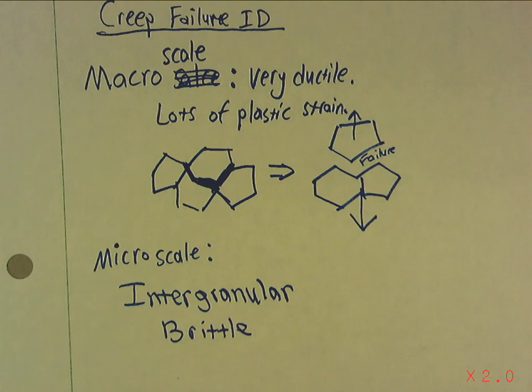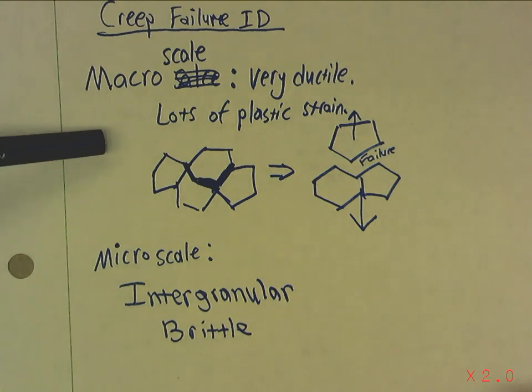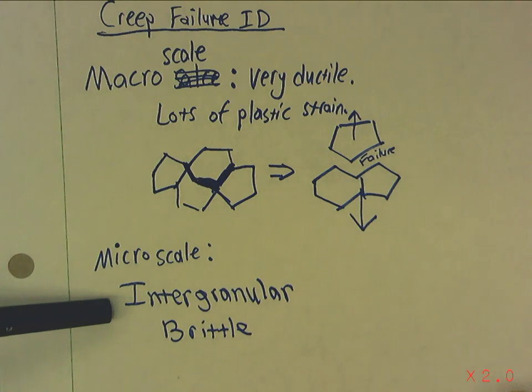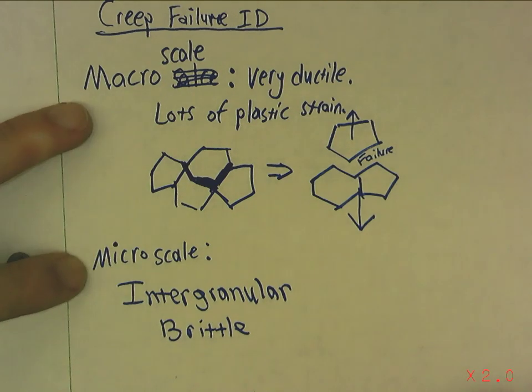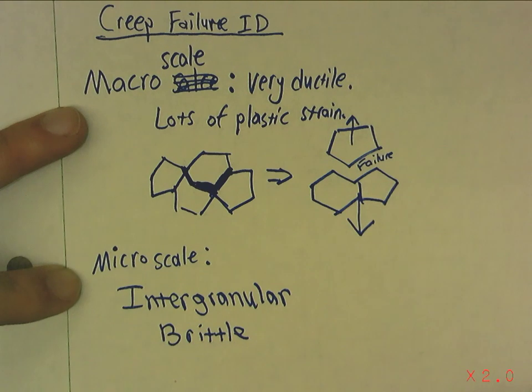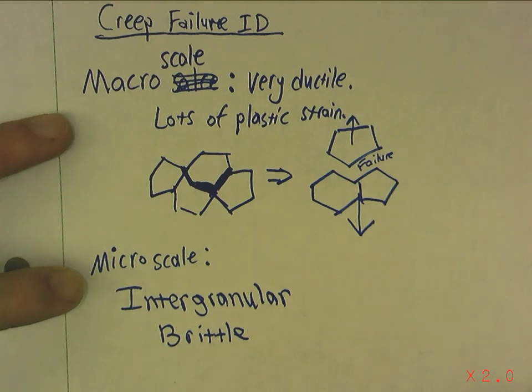So here's a situation where on the large scale it looks like we have a ductile failure, but if we were looking at it just under a microscope, we would assume it was a brittle failure. The mixture of those two different and seemingly opposite modes of failure and ways of identifying a failure are indicators that this is definitely a creep failure, specifically when we see this.